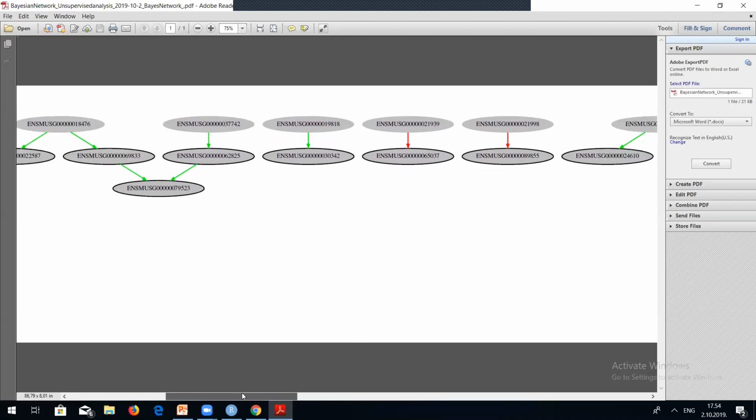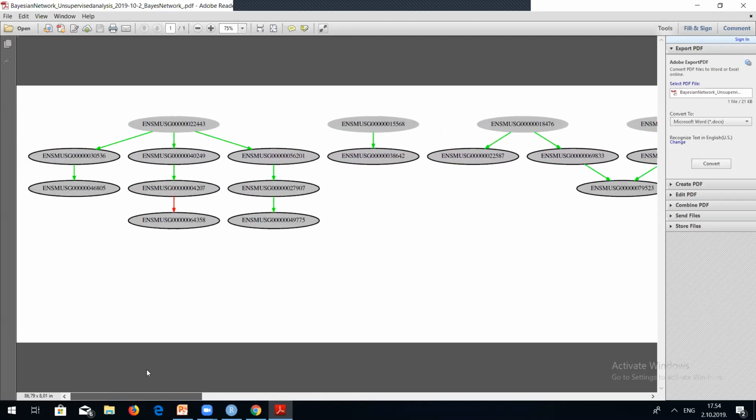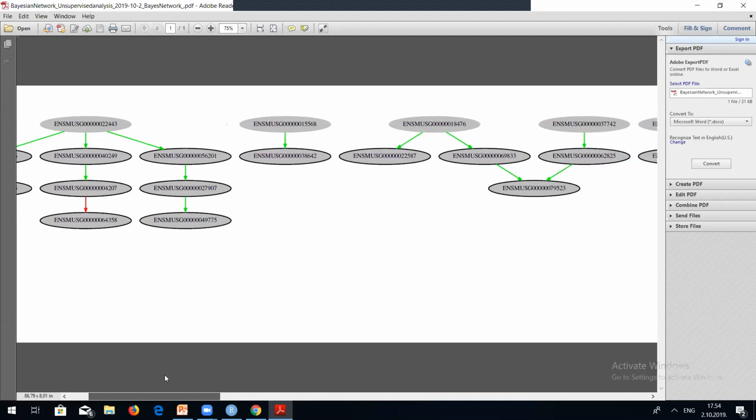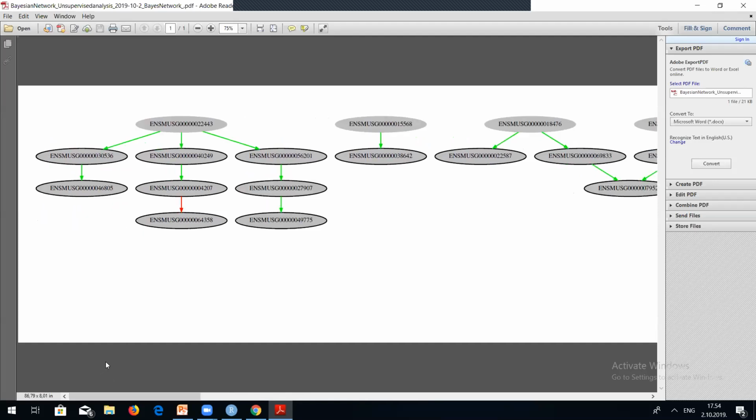Why is this? Let's go back to the correlation again. Some things could be correlated not because they're directly associated, but because they're associated with some third process. For example, let's say you have height and weight, and they would probably be correlated, which doesn't mean that height is the causal factor of weight.